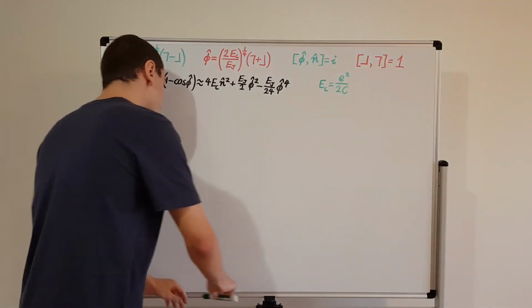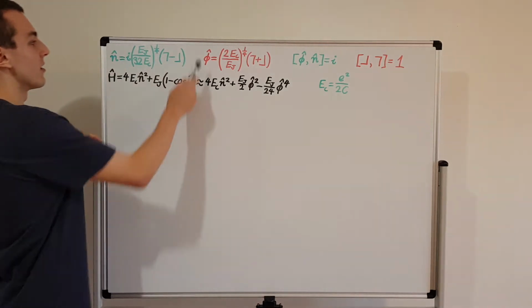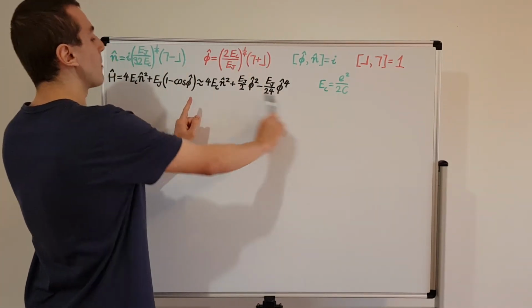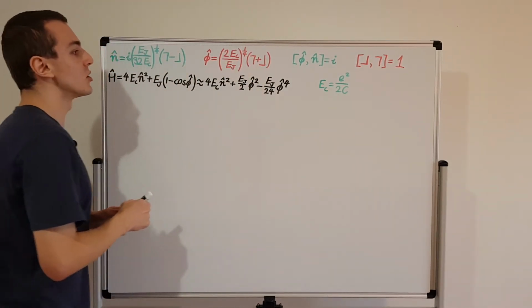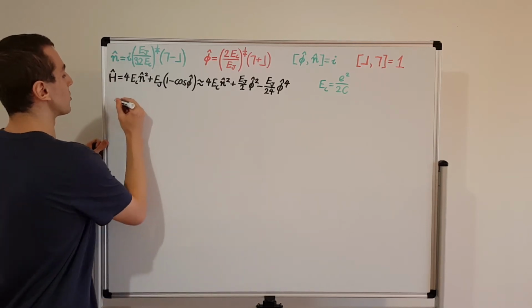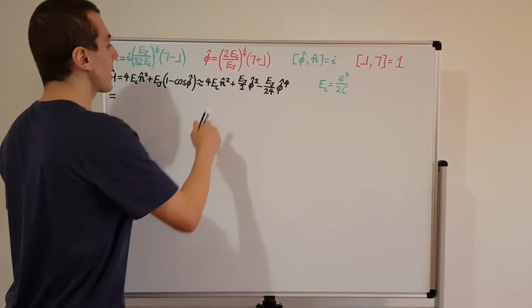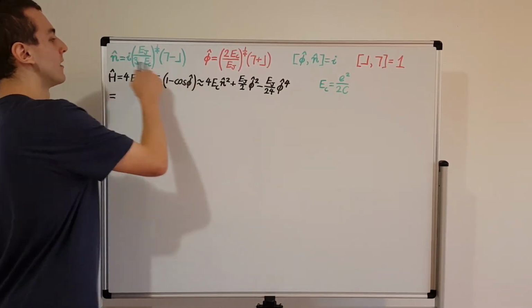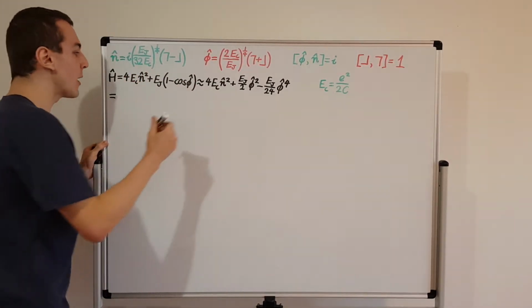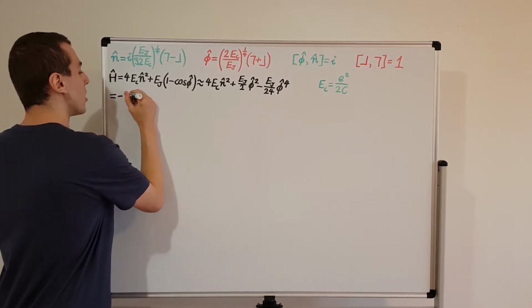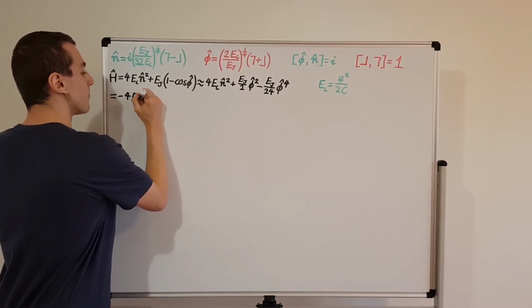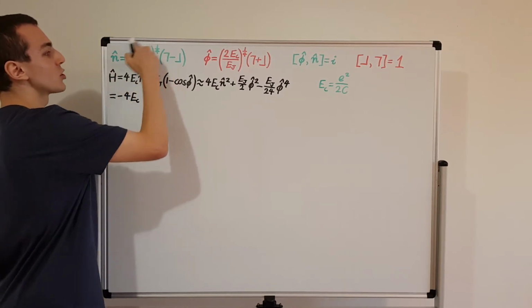So now what I want to do is substitute these definitions into this Hamiltonian. So let's go ahead and do that. What is that going to be equal to? So this approximation is going to be equal to, if I square n, this I is going to get squared, and that's going to give you a minus sign. So I'm going to get minus 4EC, and then I'm going to have to square this.